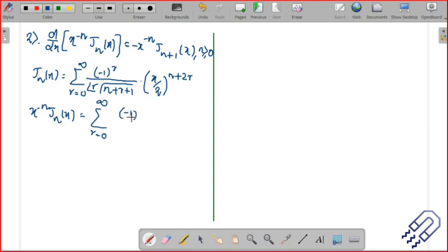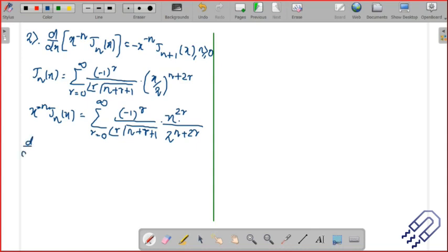So minus 1 to the power r divided by factorial r gamma n plus r plus 1 into x to the power n plus 2r multiplied with x to the power minus n. We are just going to get x to the power 2r, divided by 2 to the power n plus 2r, that doesn't change. Yes, this is done. What we do now is take d/dx on both sides.